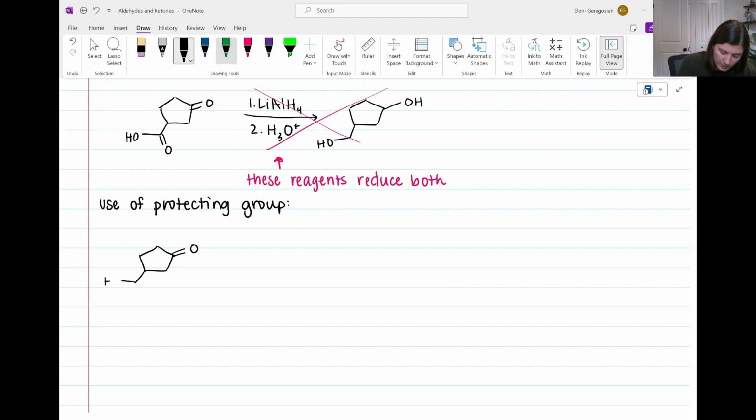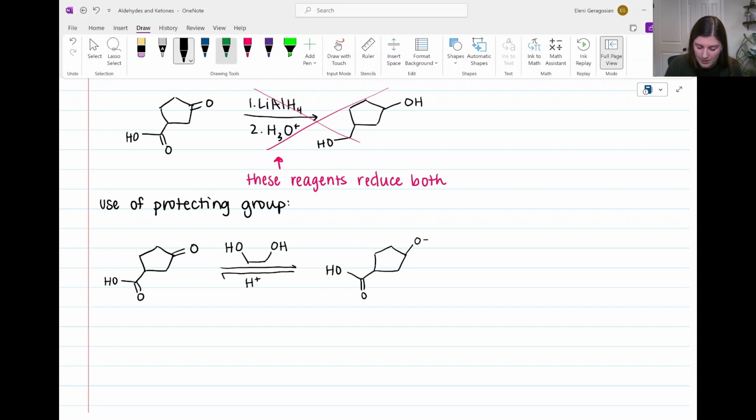Starting with our original ketone and carboxylic acid molecule, if we add a protecting group, again, diols are often used in this case with some acid, or we could add some base. Then we would end up, now we're not showing the entire mechanism here, we're just looking at the major intermediates. Where the ketone was, we'd have that ring. We no longer have a ketone.